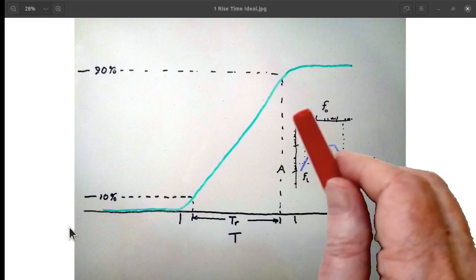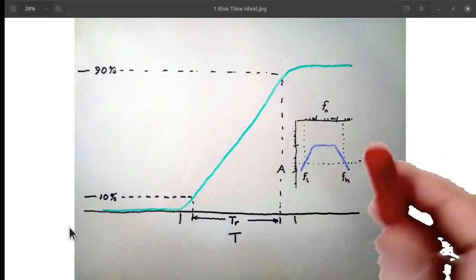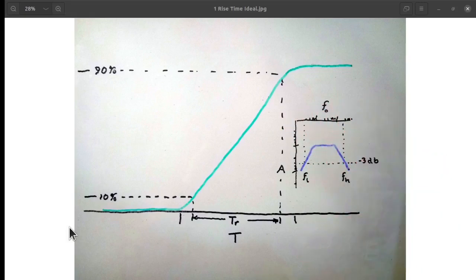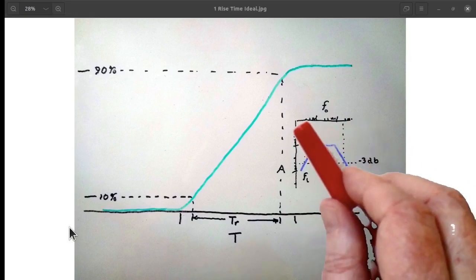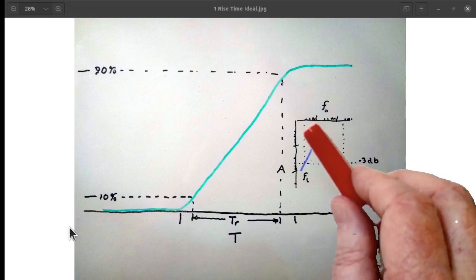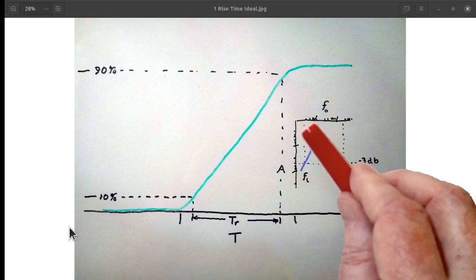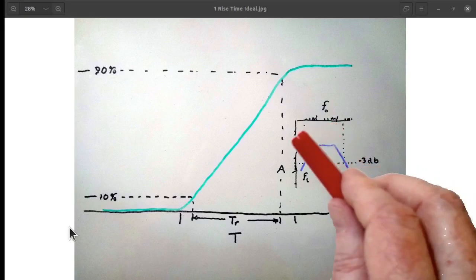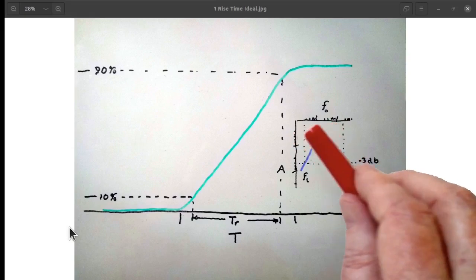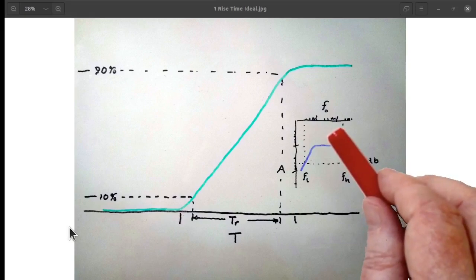Over this frequency range, basically, if we called that mark right there at the tip of the red as 1, and the next one is 10, this is about 0.2 to 2.